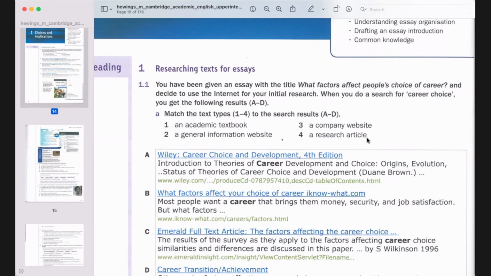The next one, general information website. General information website. .com, some websites with .com. What kind of information is given there? The factors which affect people's choice of career.